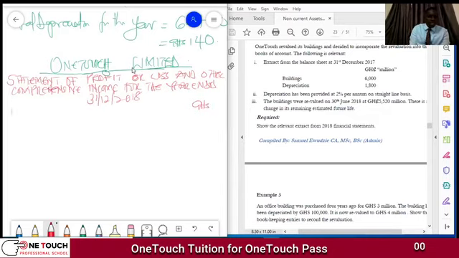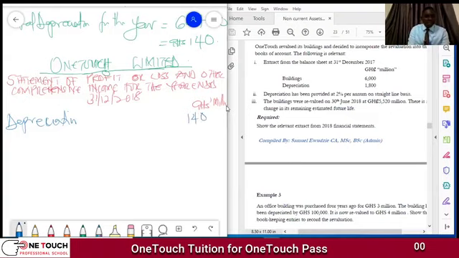So here we have our depreciation of 140.